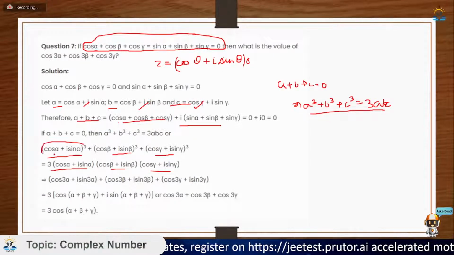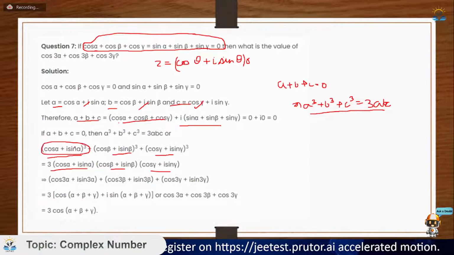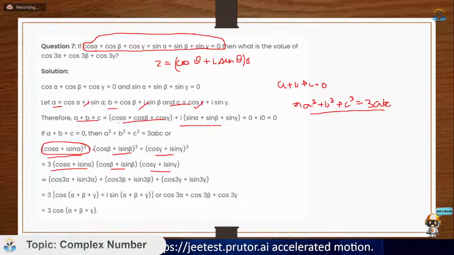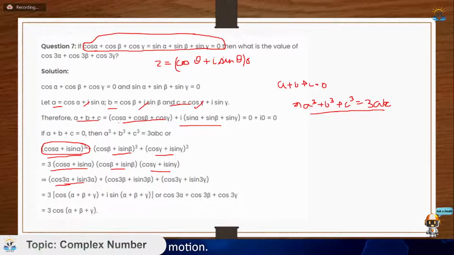You can calculate this complex number raised to the power 3 using De Moivre's theorem, which states that if any complex number is raised to some power n, the answer would be cos n alpha plus iota sin n alpha. So here n is equal to 3. So cos 3 alpha plus iota sin 3 alpha plus cos 3 beta plus iota sin 3 beta plus cos 3 gamma plus iota sin 3 gamma. This is from De Moivre's theorem.